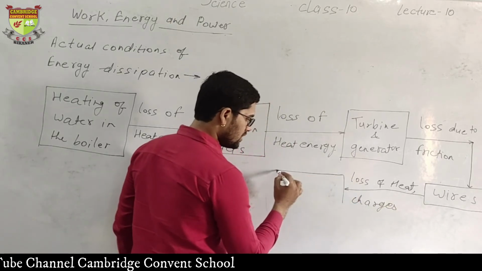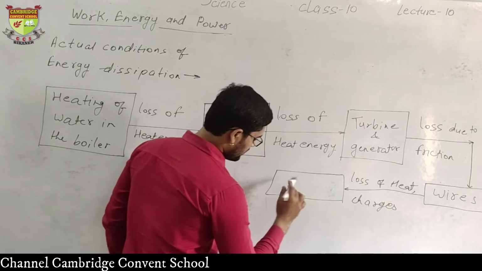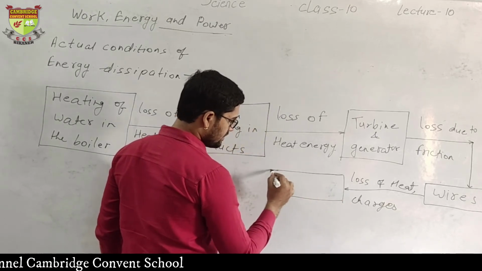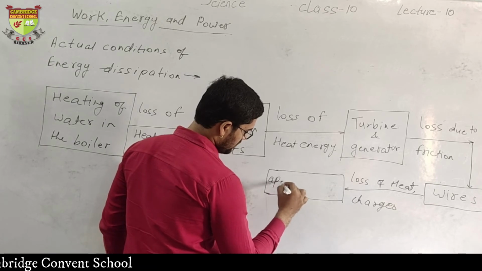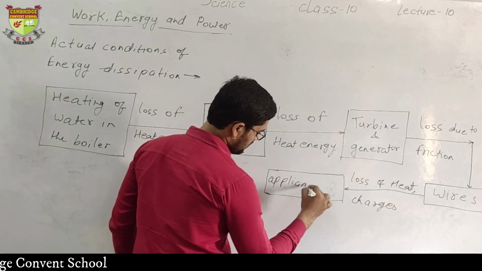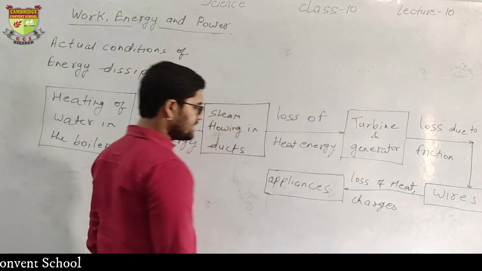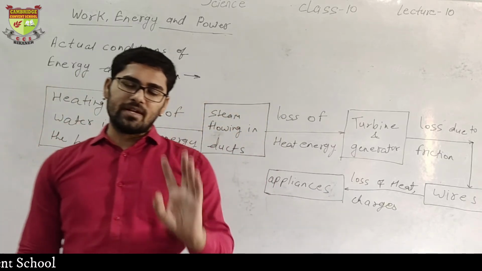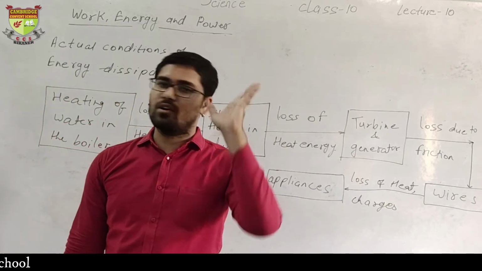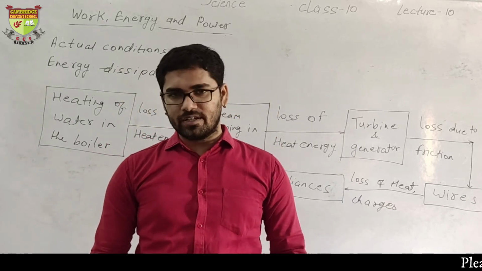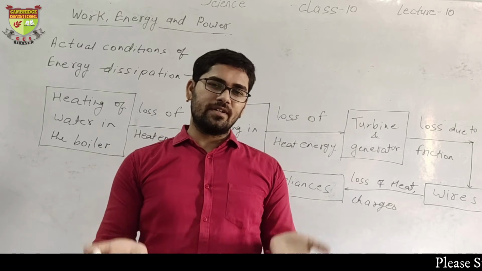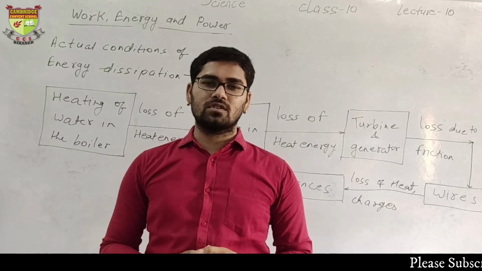In our house, many electronic appliances are there, and in every appliance there is some certain type of loss. Like in a bulb, heat loss is there, right? In refrigerators, there is also heat loss.